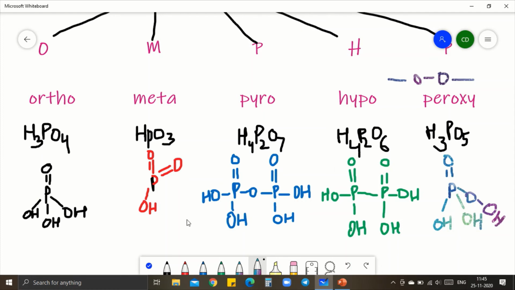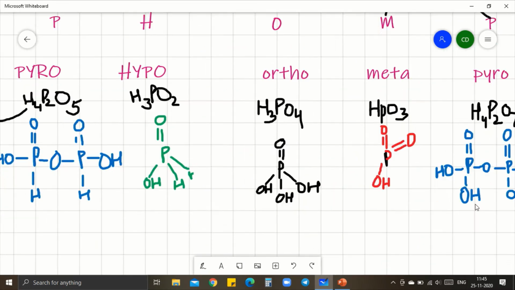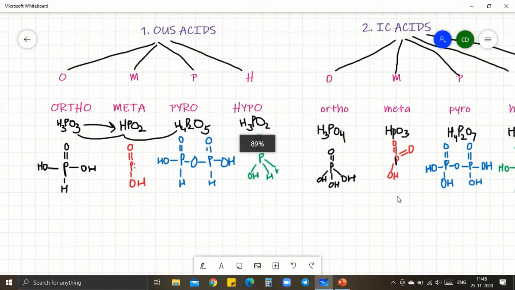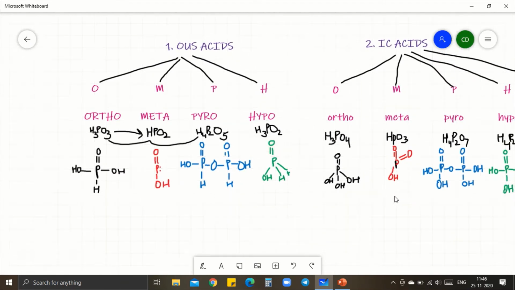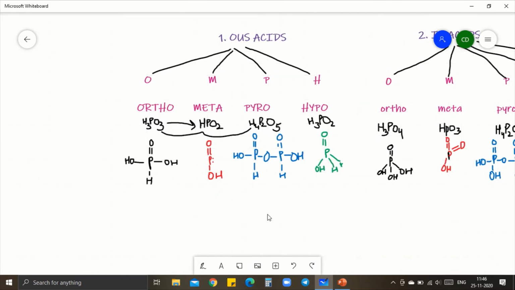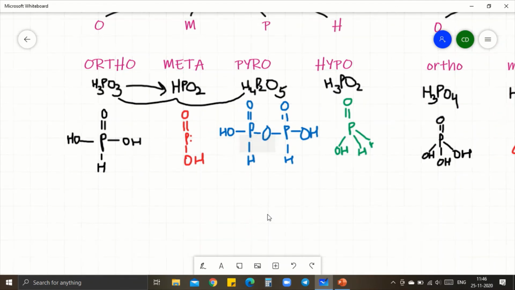So these are structures of phosphoric acids, and these are the structures of phosphorus acids. You can see. So coming to this concept, there is also a concept known as basicity. How to find basicity? Coming to phosphorus acids, we'll see how to find basicity.